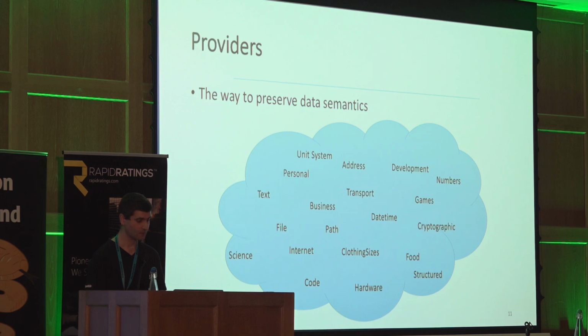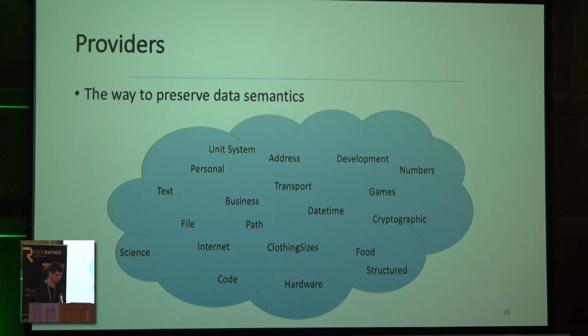This is achieved through providers, and both the mimesis and Faker modules have providers for different types of data, for example addresses, transport, file paths, internet-related values. Now, I'm afraid the demo would not work, so I will just go through this.